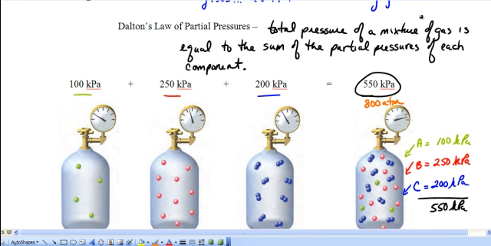Now we're not using these values here, let's go ahead and cross those out. Let's say letter A gives a partial pressure of 150 atmospheres. Let's say letter B gives a pressure of 300 atmospheres. What would the pressure of gas C be in that mixture?